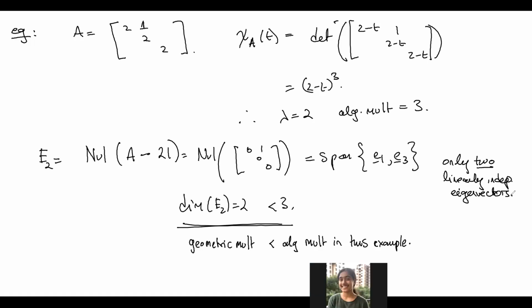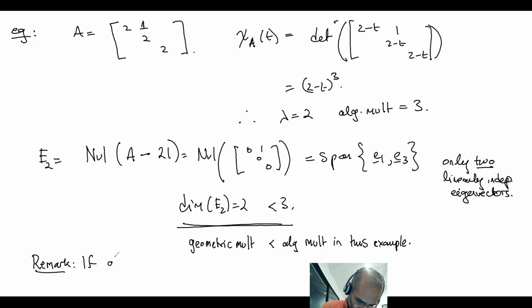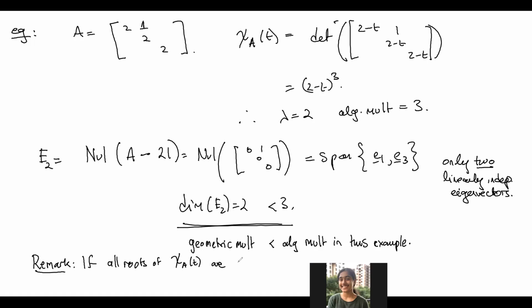I meant to ask, isn't algebraic multiplicity always going to add up to n if we have eigenvalues? Oh, you mean if all the eigenvalues are real? Yes, you're right. If all roots of the characteristic polynomial are real, then the sum of the algebraic multiplicities is equal to n.